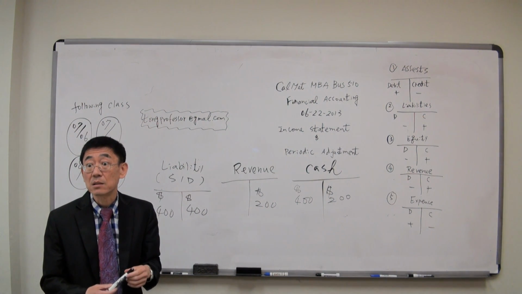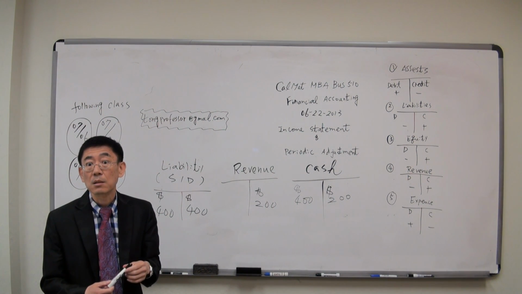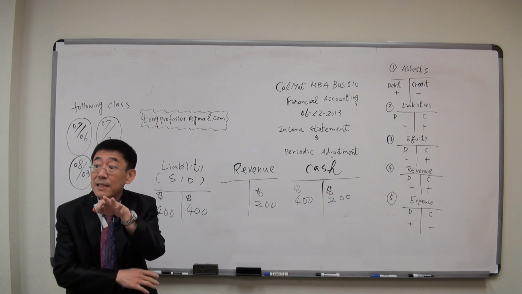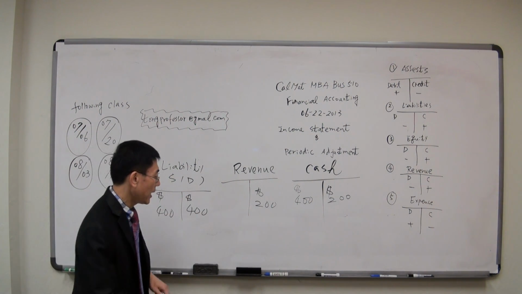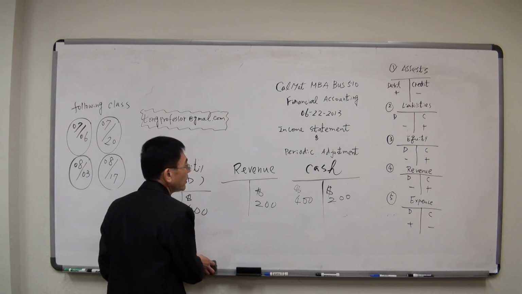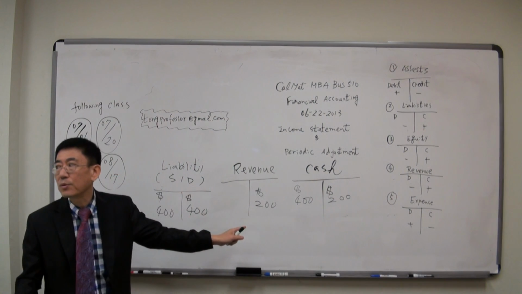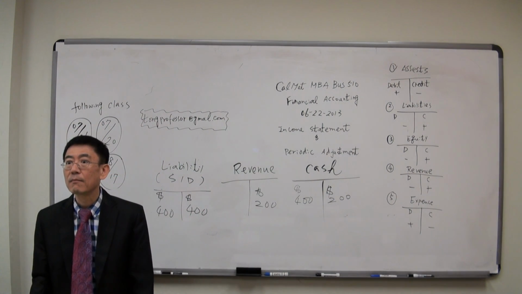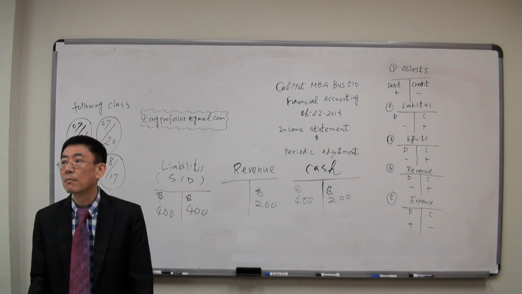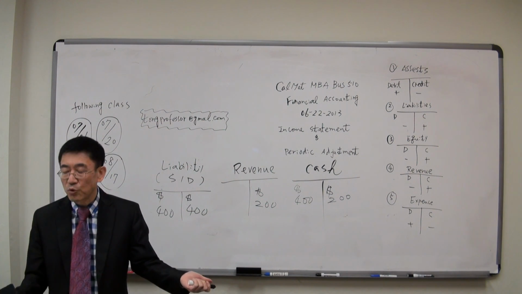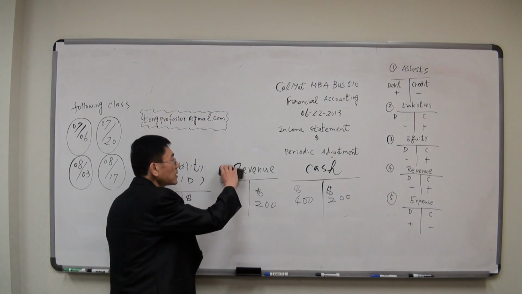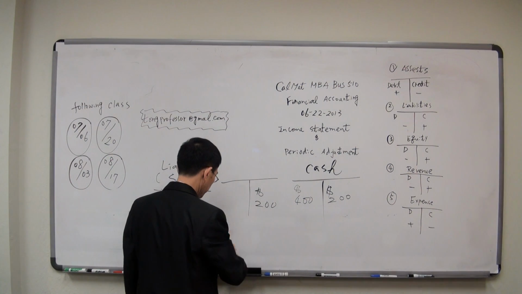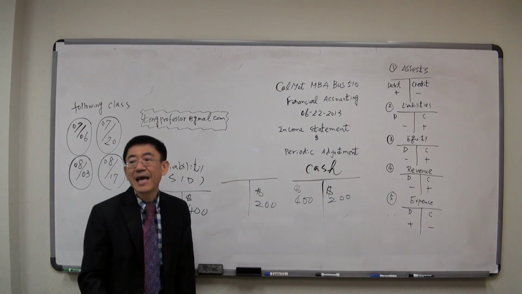It's not good. As Carla said, you don't want to put it under revenue, but anyway, you must put this on the credit side for sure. We'll talk about that.